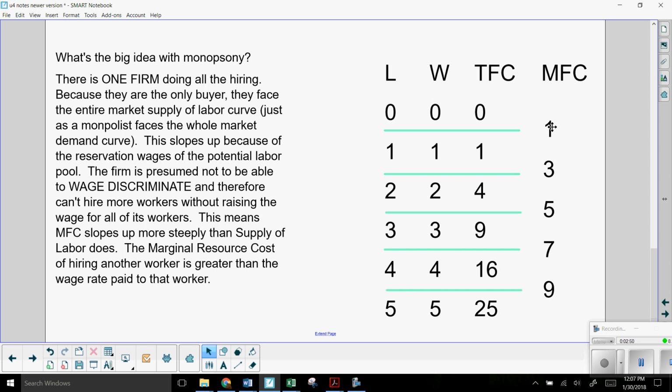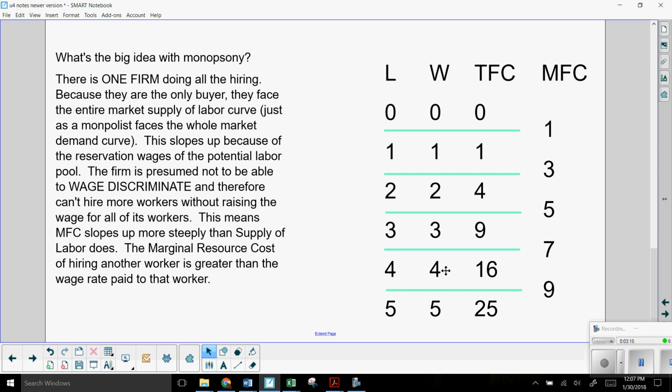Remember, marginal is what happens when I change the number of workers I employ. As I employ that first worker, my total factor cost goes from 0 to 1, an increase of 1. As I employ that second worker, my total factor cost goes from 1 to 4, so it's an increase of 3. As I employ the third worker, the wage is only 3, but the total factor cost is 5.